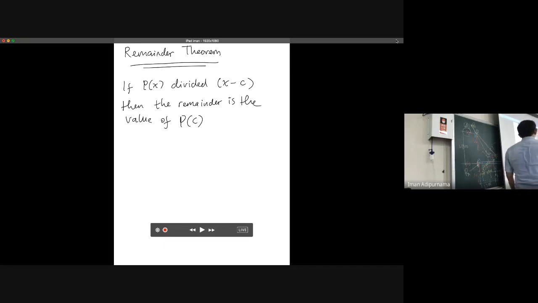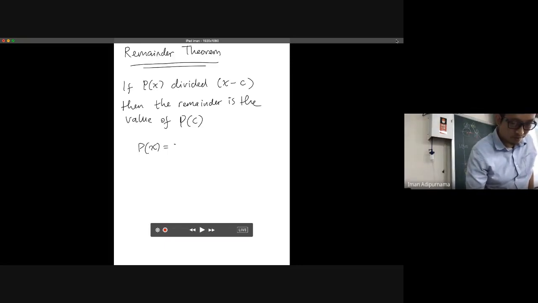When you plug in c, from x minus c, into the polynomial, it will be the value of the remainder. So let me write p(x) equals (x minus c) q(x) plus r, the form.